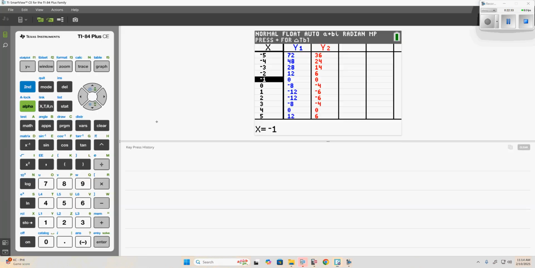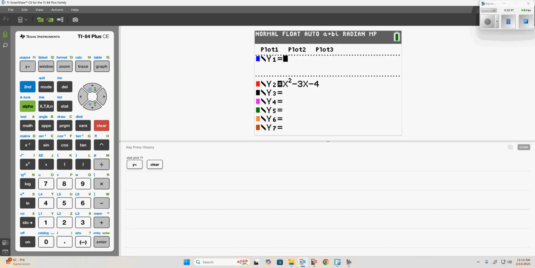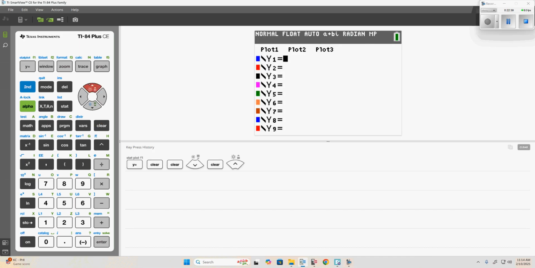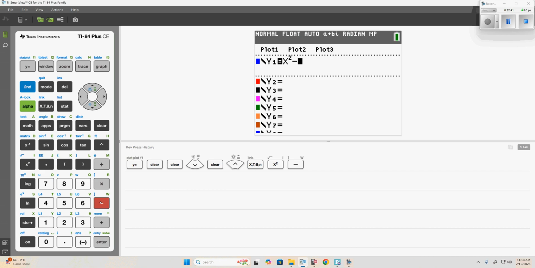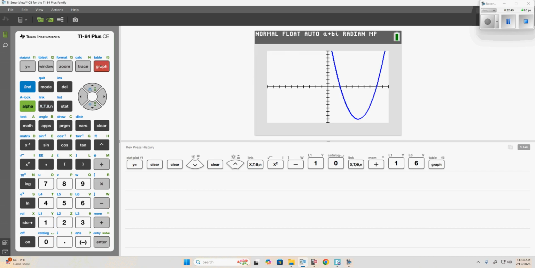Now this one here we'll graph. We'll graph this one. x squared minus 10x plus 16. You see that it does cross the x-axis at 2 points. Those two x values will make the y value be 0.